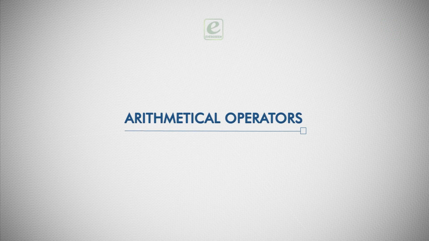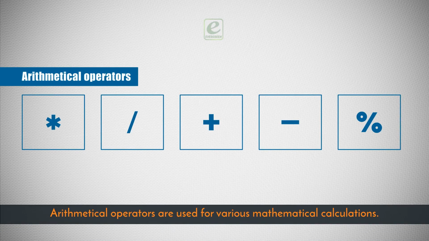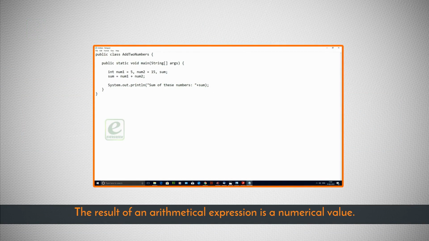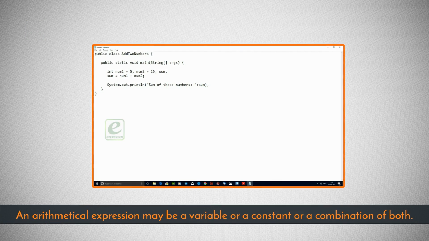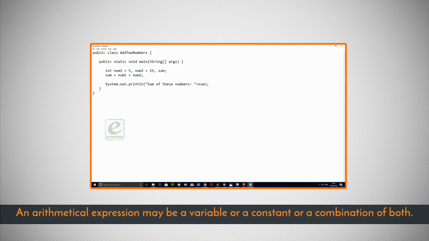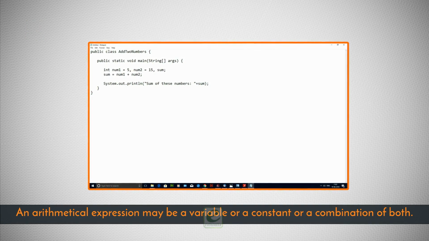Arithmetical operators. Arithmetical operators are used for various mathematical calculations. The result of an arithmetical expression is a numerical value. An arithmetical expression may be a variable or a constant or a combination of both.